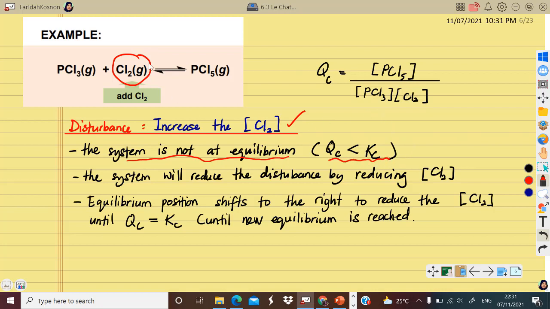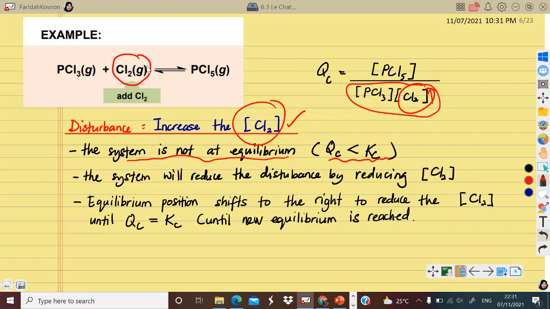Sebab apa? Concentration of reactant is very high sebab ini bertambah sekarang ni. Jadi QC akan less than Kc. So the system is not at equilibrium. So to reduce the disturbance, apa disturbance dia? Concentration Cl2 yang bertambah tadi. Okay, the system will reduce the disturbance by reducing the concentration of chlorine gas.